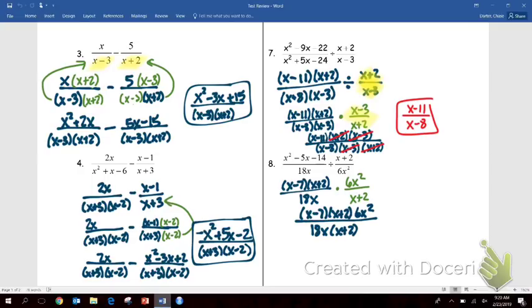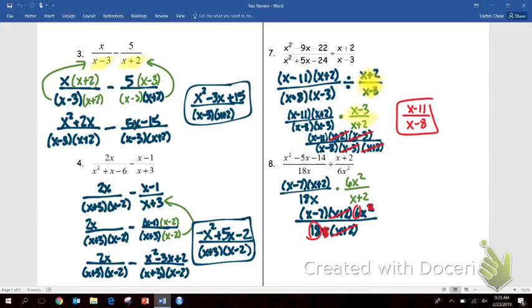So I have an x plus 2, an x plus 2. I have a 6 and an 18, which simplify but don't totally go away. And I have an x squared and an x. So the x squared doesn't disappear, but the squared goes away and we just have an x, because x squared divided by x is just x.